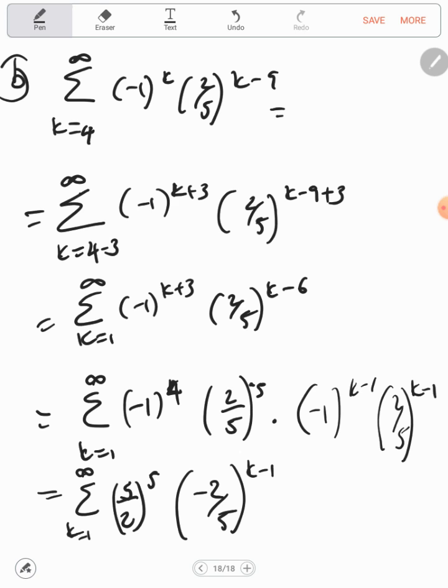Okay, so once we have it in this form, then this is the form of a geometric series. This is our A, and this is our R inside there. So our A is 5 over 2 to the power 5, and our R is minus 2 over 5.